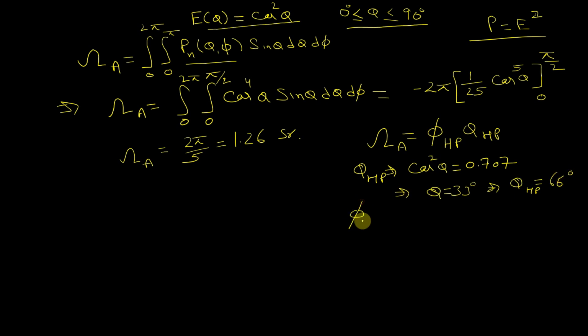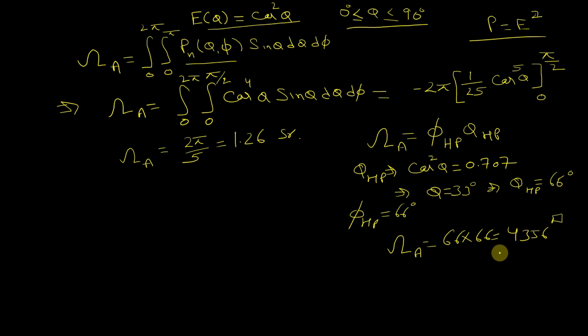Similarly, this phi HP will be equal to 66 degrees. Now multiply these two, 66 into 66, which is equal to 4356 square degrees.